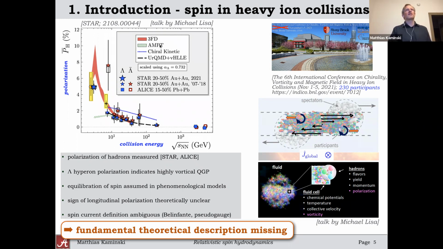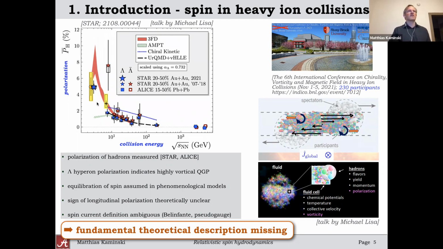This is a parton transport model, and it hugely underestimates the polarization effect at low energies. There are chiral kinetic theory calculations which lie in the ballpark of the results here, but we have no understanding of this area. And then there's quantum molecular dynamics, another kind of parton or particle dynamics model, which gets this area right.